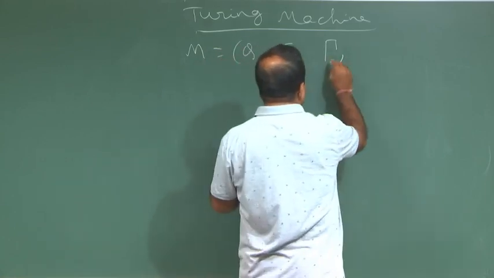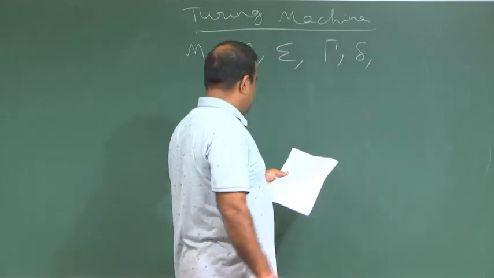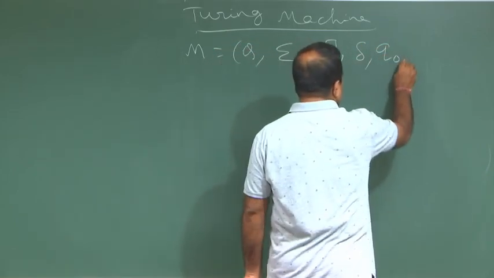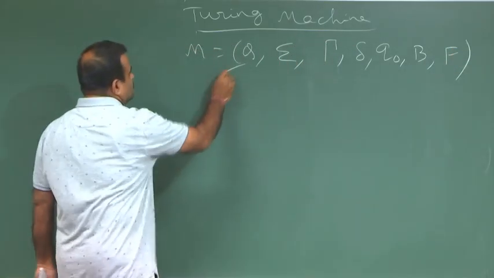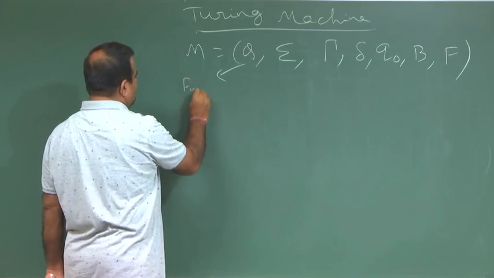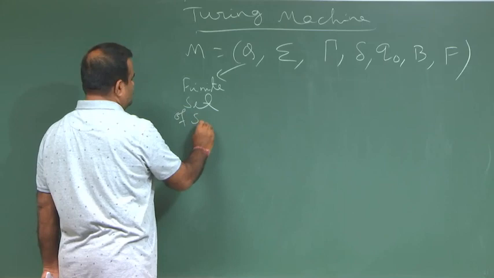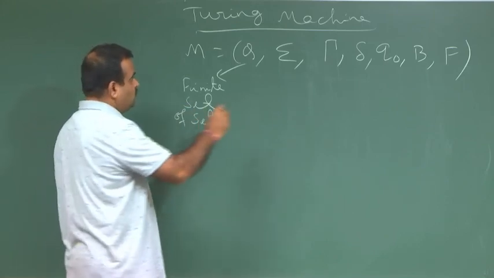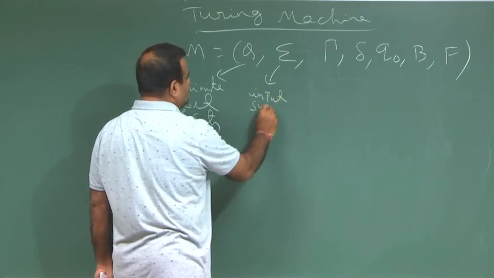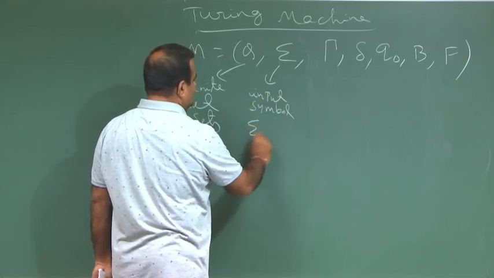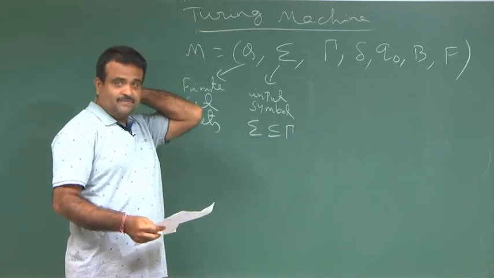This B also belongs to this. So, delta, q 0, B, F. Now, this we know, Q is the finite set of states where we can move around, and sigma is the finite set of input symbols, and this is a subset of the tape symbols.